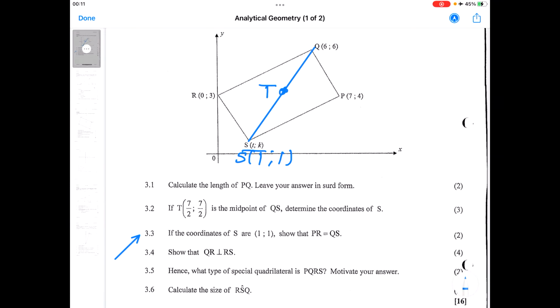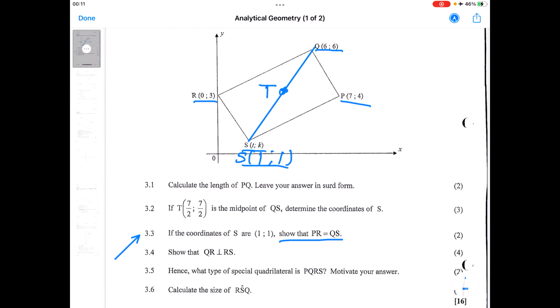So now they want you to show that PR is equal to QS. Where is P, where is R? There is P, there is R. Where is QS? There is Q and there is S.